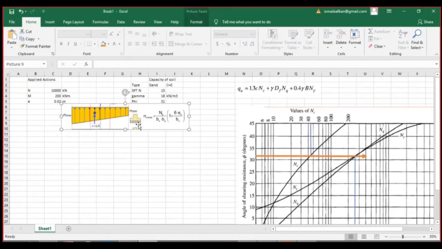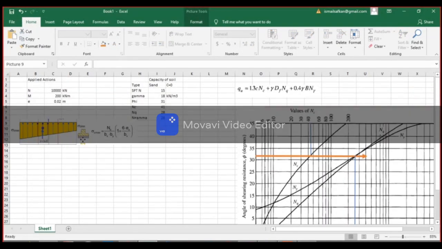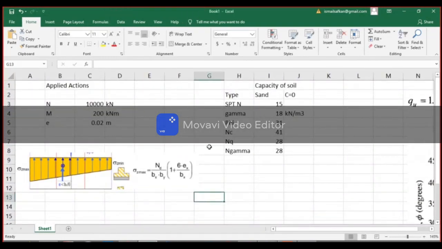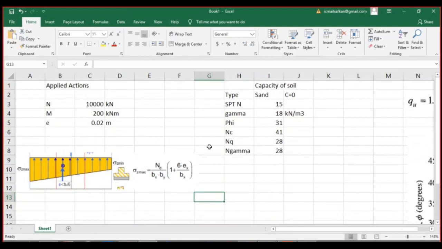These are all in your lecture notes. So the left side will be your applied actions, and the right side will be your capacity.